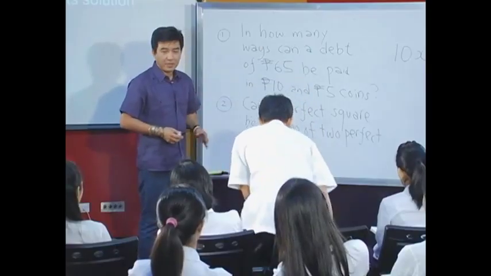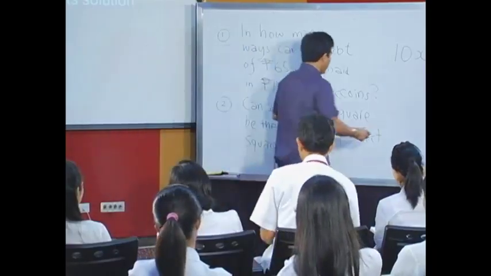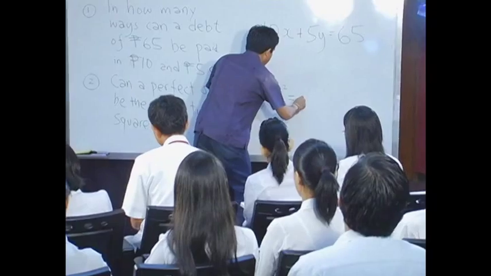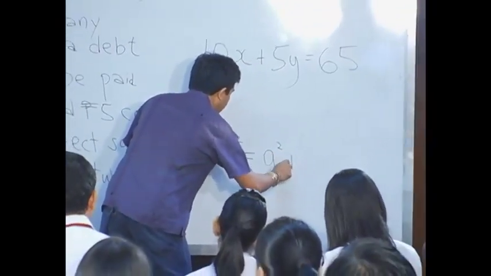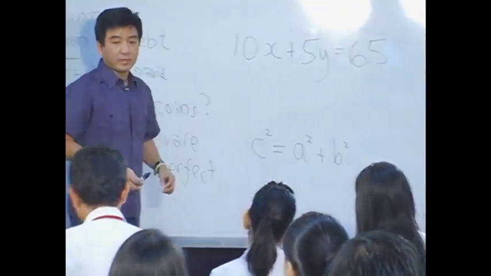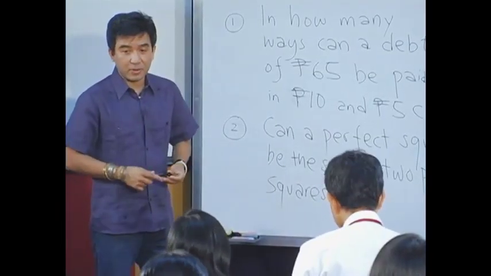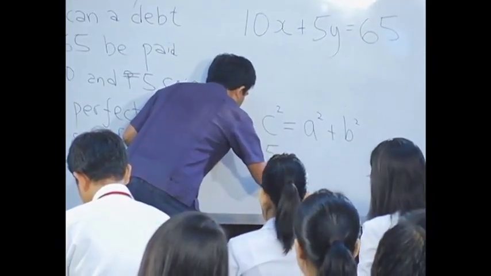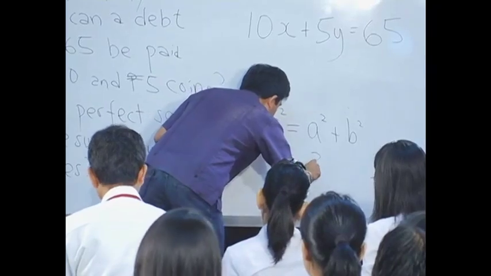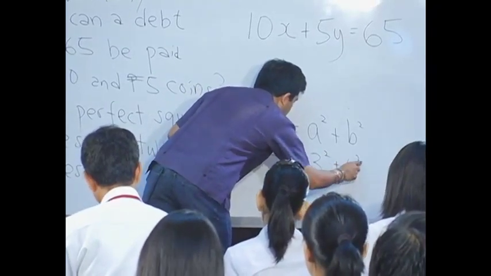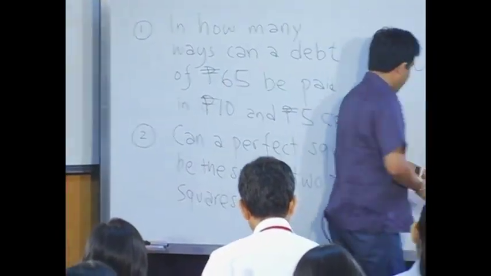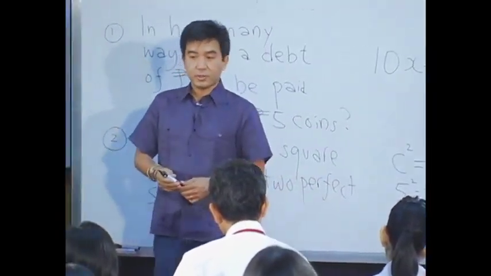Yes, this is just the Pythagorean theorem. What we want is, can a perfect square be the sum of two other perfect squares? So this question wants solutions to the Pythagorean theorem. For example, 5 squared is equal to 3 squared plus 4 squared. So we say that 3, 4, 5 is a solution.